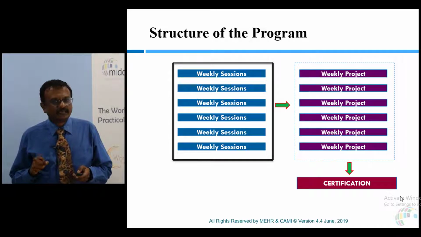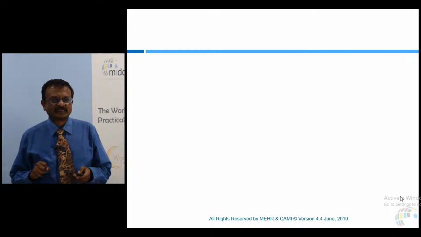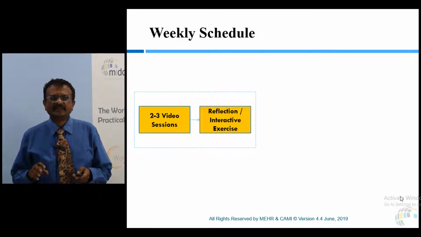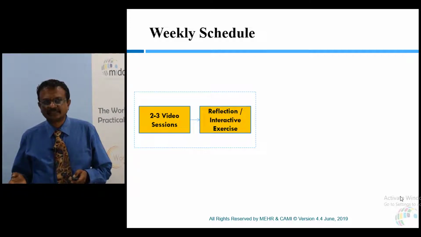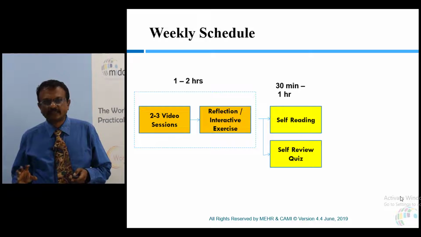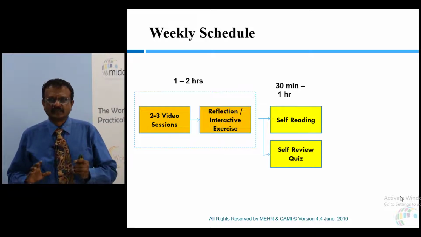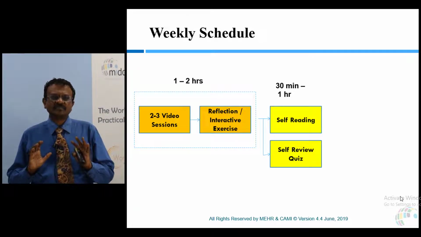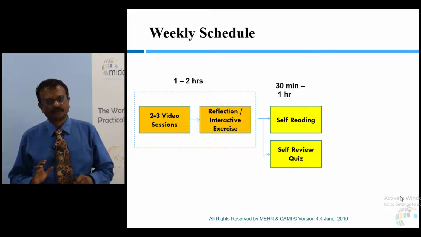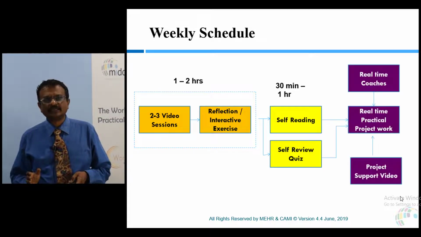But what about the content? What do you cover in each of these 6 weeks? Every week you do 2 to 3 sessions, an interactive exercise, a little bit of self-reading, and a quiz. Essentially, this ensures that your content knowledge is good. Once you're good on the content, you are given a real life project and you have coaches who will support you.